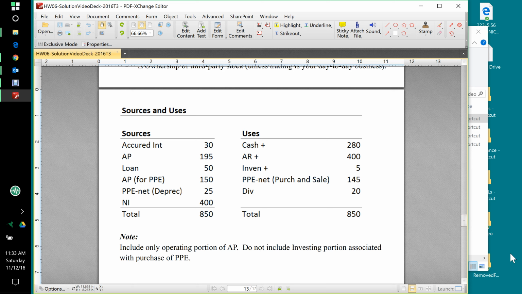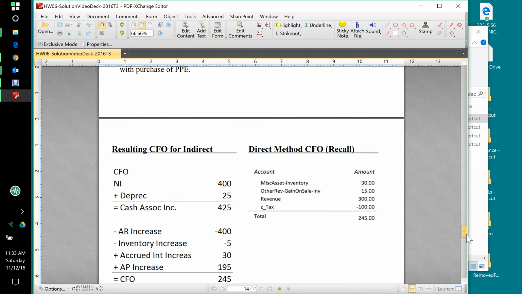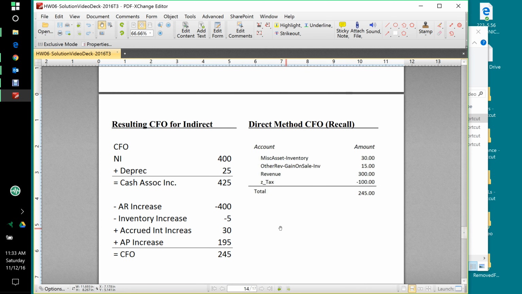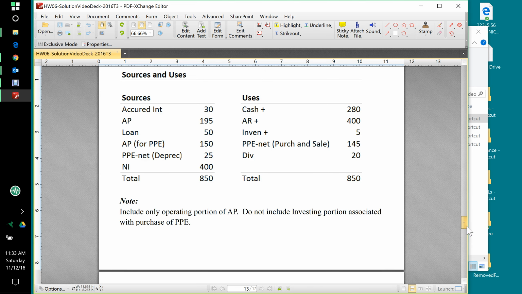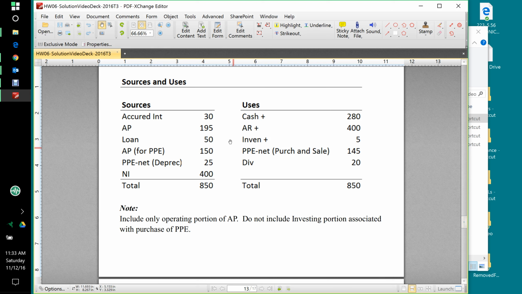Okay, so where are our other working capital accounts? I'm skipping ahead here a little bit to show you the solution. And as you can see, I'm subtracting uses, I'm adding sources, and let's just go look at the sources and uses table to see where we could pick these out.